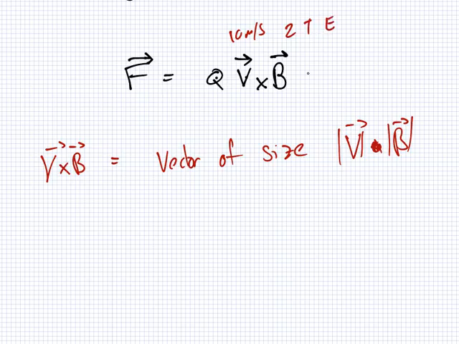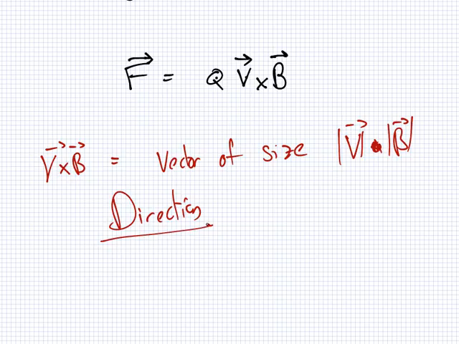The cross product would be 20. You might think this seems like regular multiplying, you just multiply the numbers. But what I haven't shown you is how to get the direction, because this has a direction.